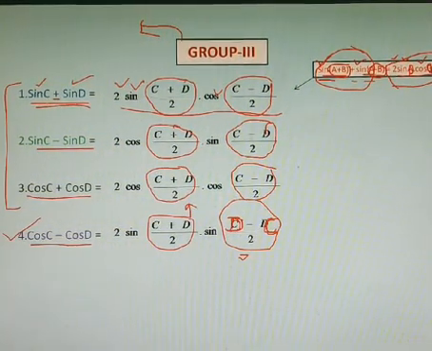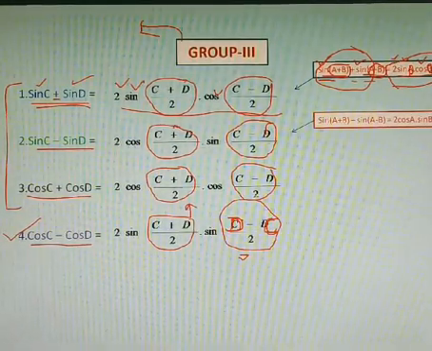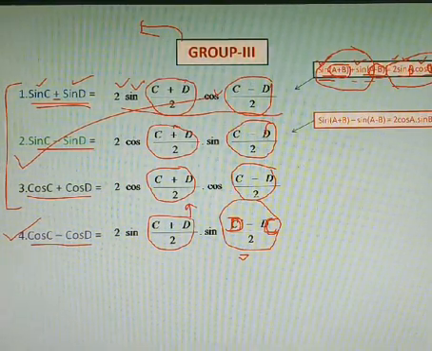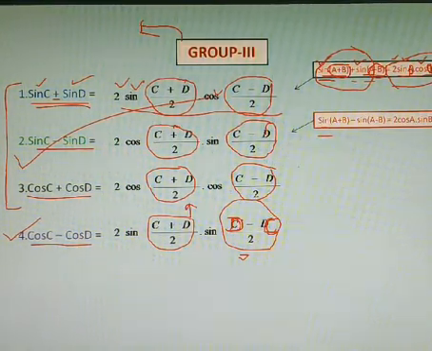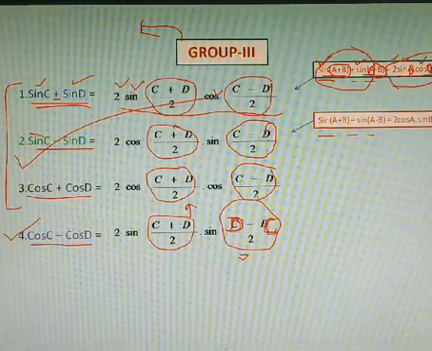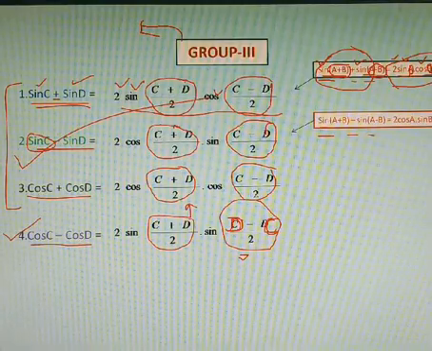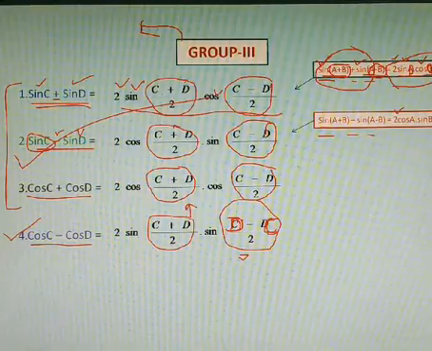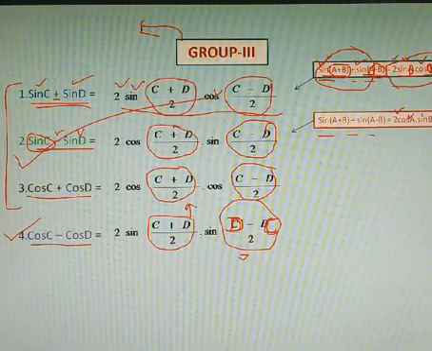That is a similar case with formula number 2 also. You can see here sine minus sine, and what should be on the right side? That is 2 cos and sine.